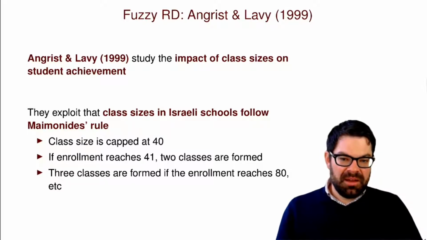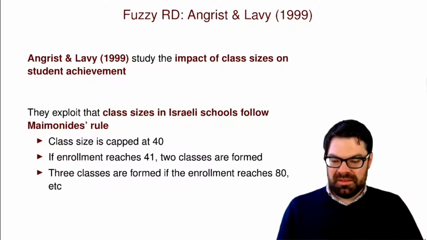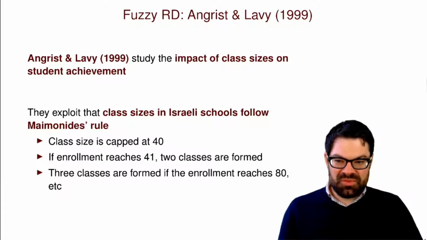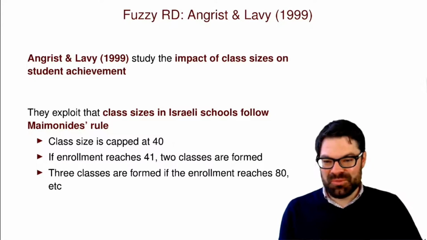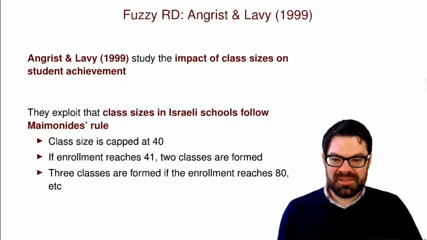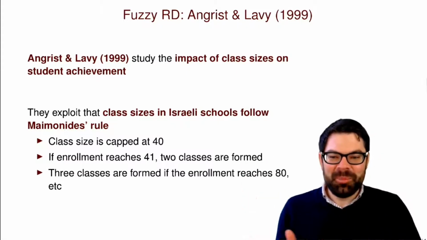They have data from schools in Israel, and the way the assignment of class sizes works in Israel follows, at least roughly, what's called Maimonides' Rule. Maimonides was a Jewish philosopher, and you can read up on him.